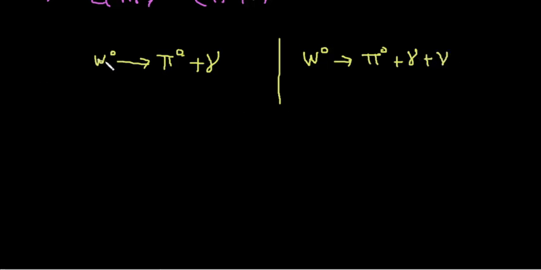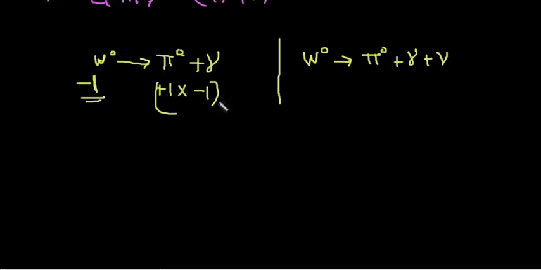If you see the charge conjugation here, for this omega naught meson, since it is a vector, the charge conjugation will be minus 1. This pi naught is a pseudoscalar, so its charge conjugation is plus 1, and this gamma has minus 1.